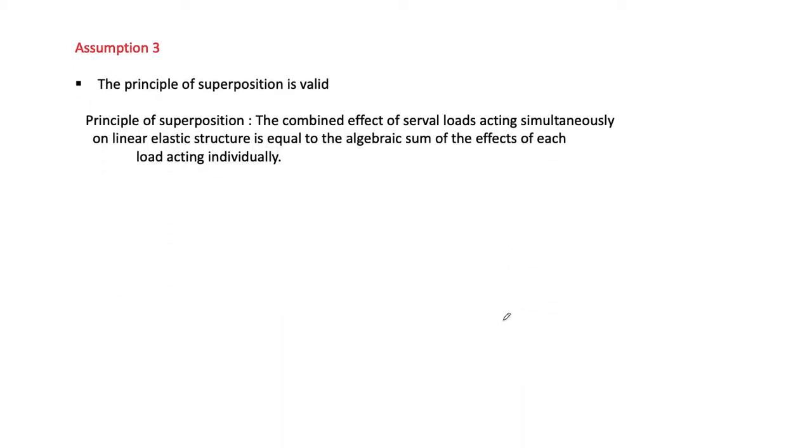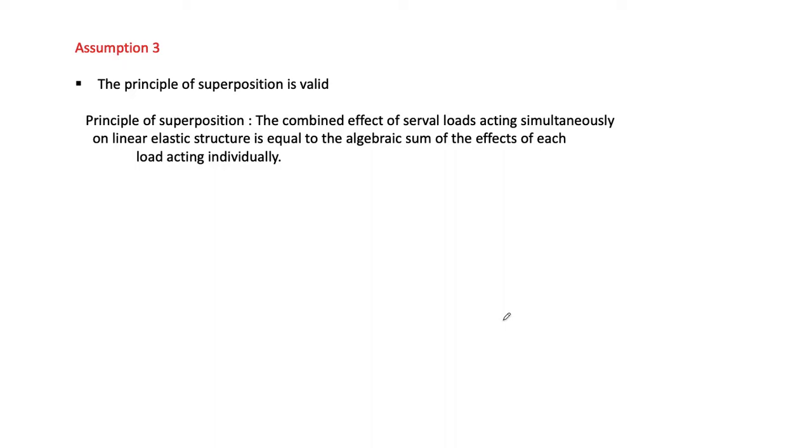Next, assumption 3: the principle of superposition is valid. The principle of superposition is that the combined effect of several loads acting simultaneously on a linear elastic structure is equal to the algebraic sum of the effects of each load acting individually.